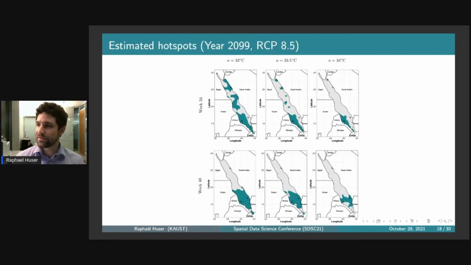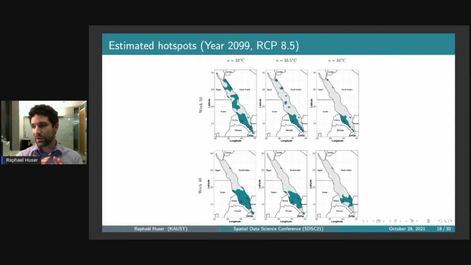Then we estimate hotspots, the regions themselves that are at risk. We did that based on RCP 8.5 for the end of the century, based on different temperature thresholds, 33 degrees, 33.5, and 34 degrees, and 2 different weeks, week 33 and 40.